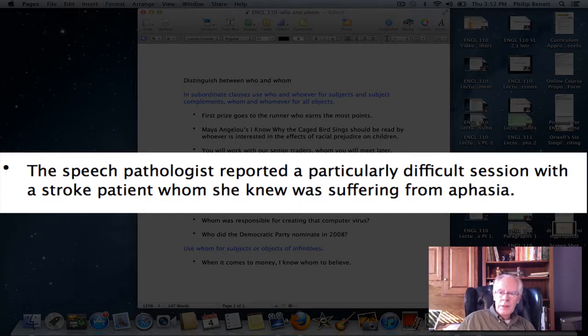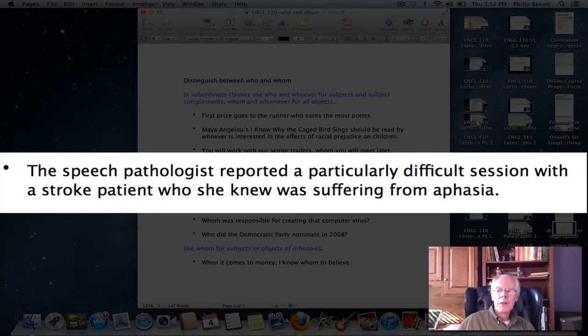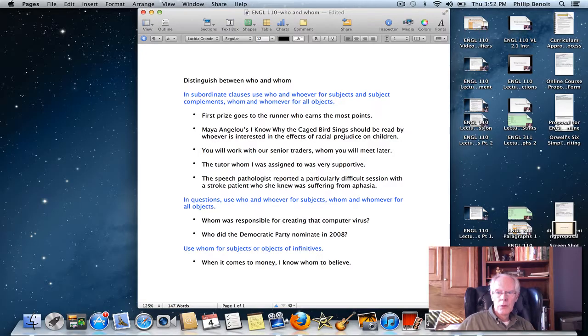And in this case, we're talking about the wrong form again. Whom is an object here as we've rendered it, but it should be a subject. Who was suffering from aphasia? Who, the subject of the verb, was suffering. Okay, so you can see the confusion that arises, and if we just stop and think about it, we can unravel it and figure it out.